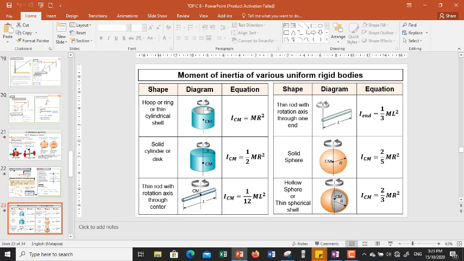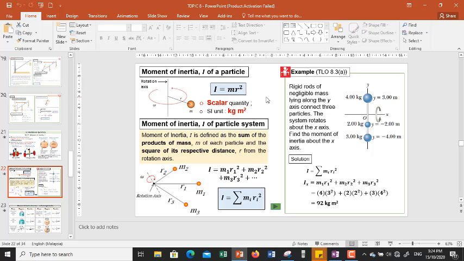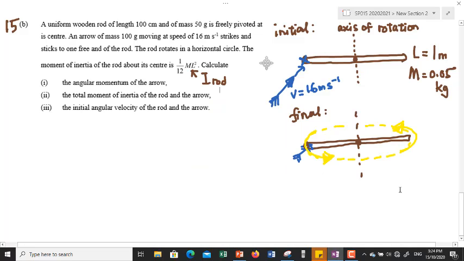Class, for any rigid body that does not have a shape listed in the table in your lecture notes, if it is not a ring, solid disk or sphere, we will treat it as a particle. For objects that do not have a uniform shape, we treat them as a particle, whereby the moment of inertia is mr squared. So for this situation, the arrow, we will treat it as a particle, whereby the moment of inertia will be mr squared.